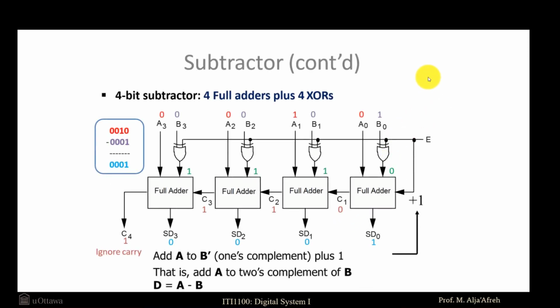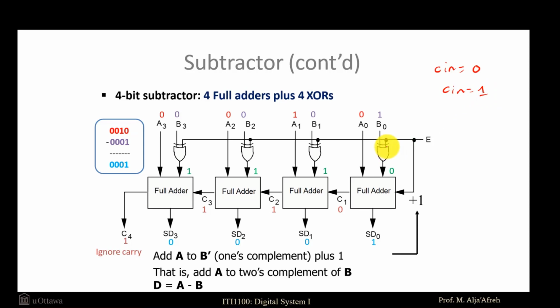The answer is yes. If you remember, guys, when we do the addition, the carry in was equal to 0, and that's why we use the full adder to perform the addition operation. And when we did the subtraction, the carry in is equal to 1.